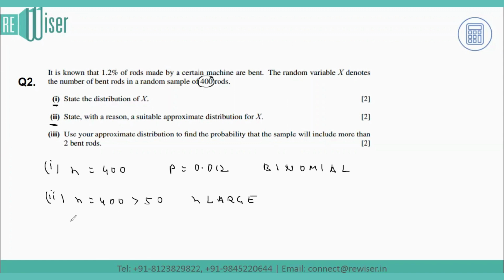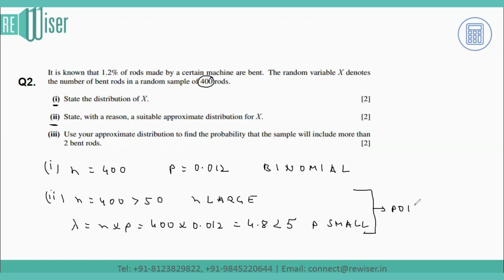On the other hand, the mean, n into p, that means 400 into 0.012, equals 4.8, which is less than 5. If n into p is less than 5, we can say that the probability value is very small. So assuming these two conditions to be correct, we can approximate it as a Poisson distribution.